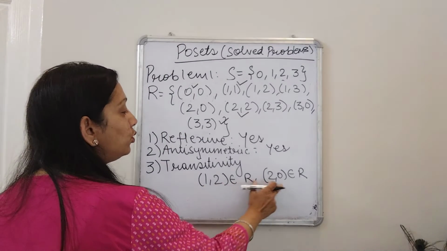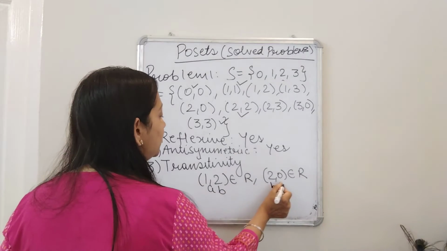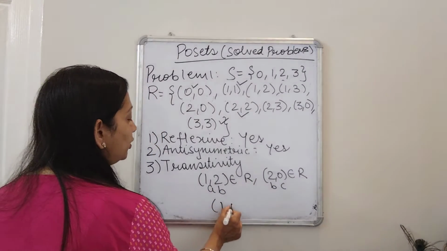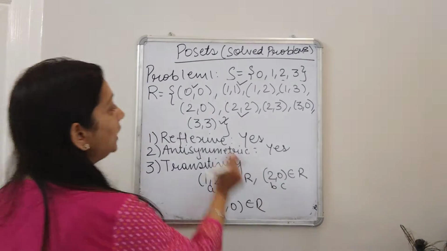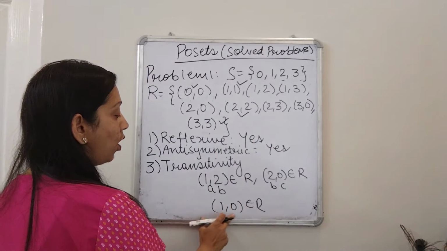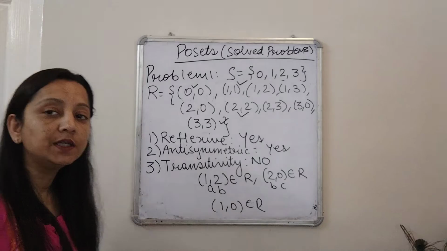So if 1, 2 and 2, 0 belong to the relation, then as per the rule of transitivity, AC, that is 1, 0, must also belong to the relation. Can you see 1, 0 anywhere here? No, there is no 1, 0 ordered pair over here. So I will say that no, there is no transitivity in this relation.